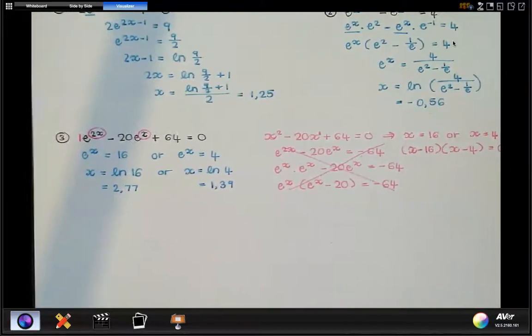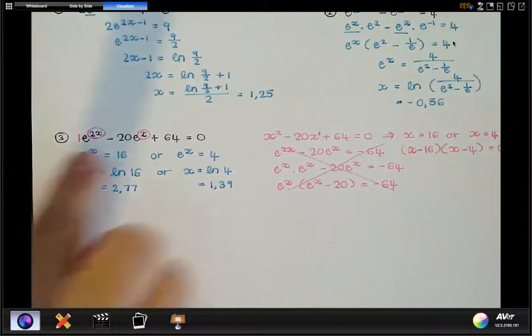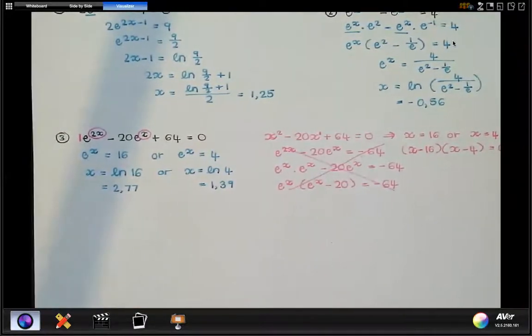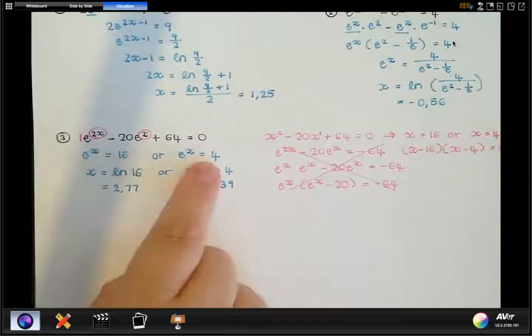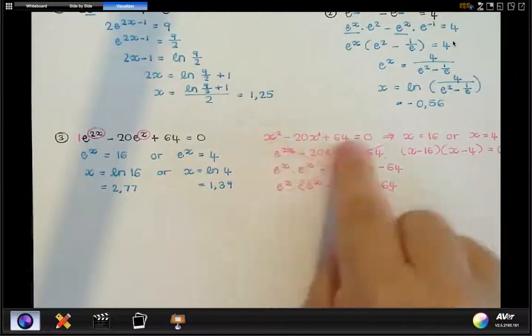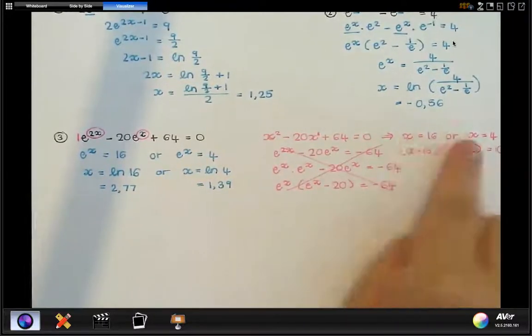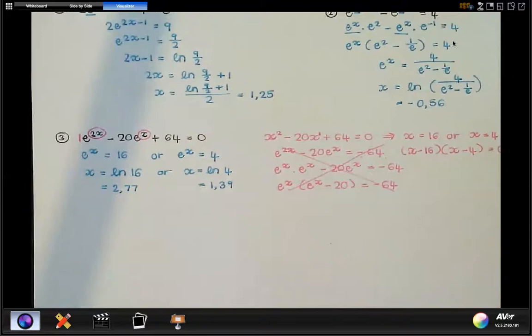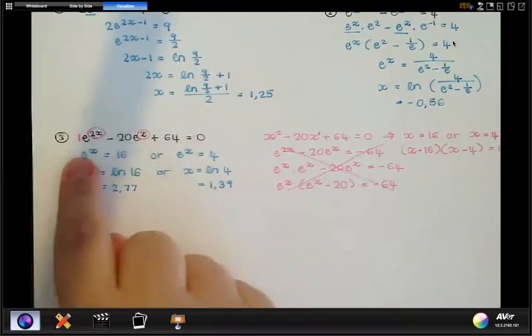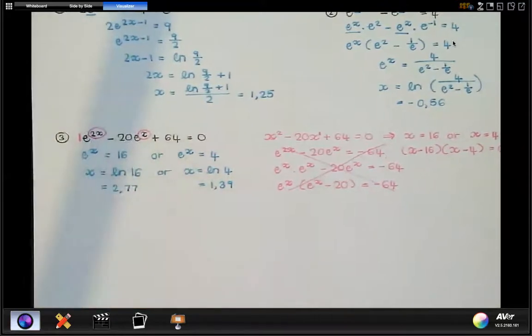In the answer series, what they do is they let e to the x be equal to k. But I don't really think you need to do that. I think it's straightforward enough to just identify this as a trinomial. And then the other trick is to know what your values will be equal to. Because here, when we solved this equation, the trinomial answers, the factorization answers, are not equal to x, it's actually equal to e to the x.